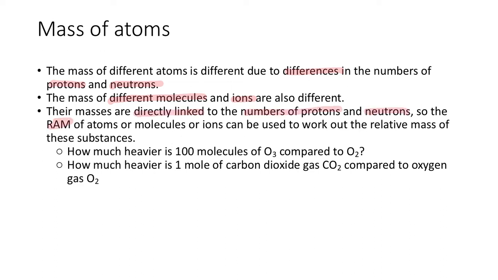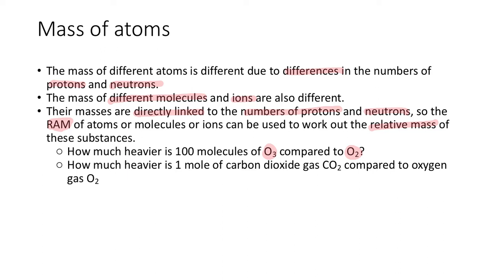So the RAM, the relative atomic mass of these atoms or molecules or ions, can be used to work out the relative mass of these substances. So how much heavier is 100 molecules of O3 compared to O2? Let's have a think of it.